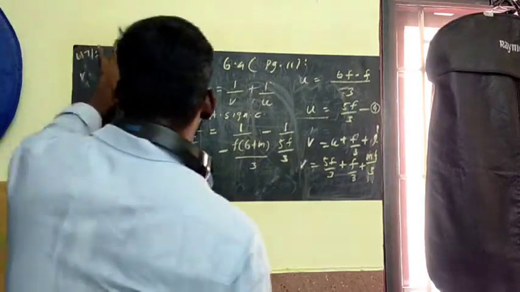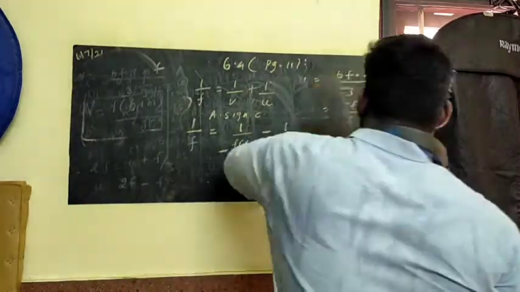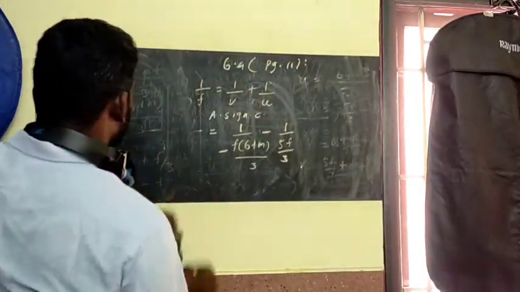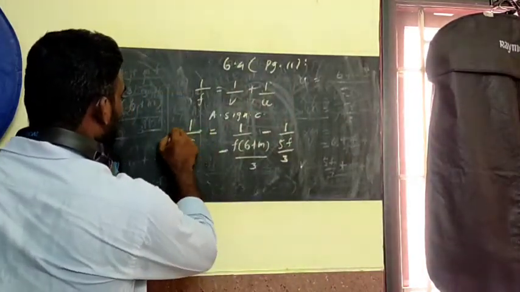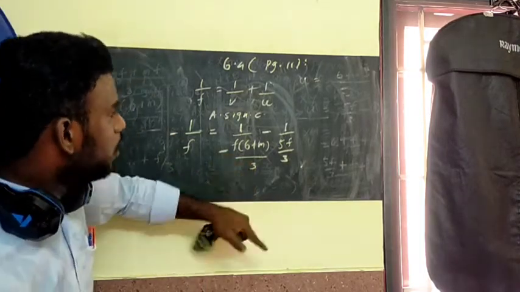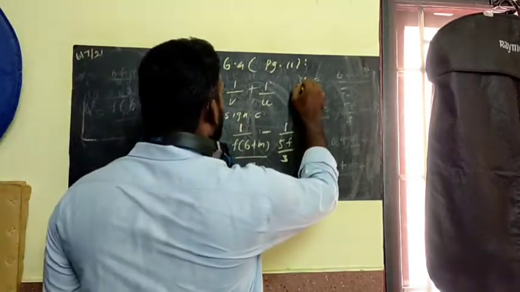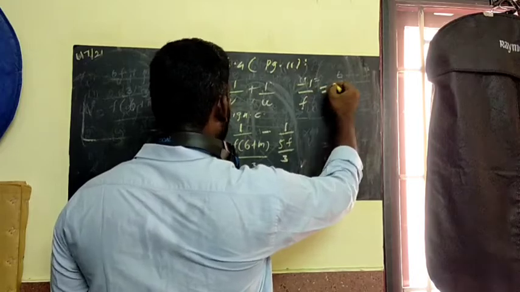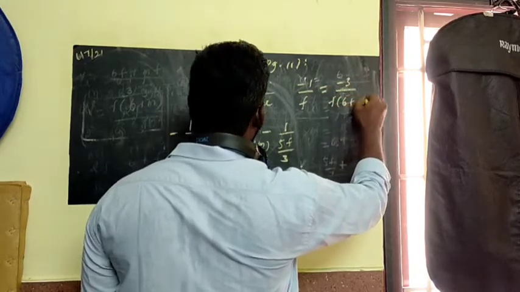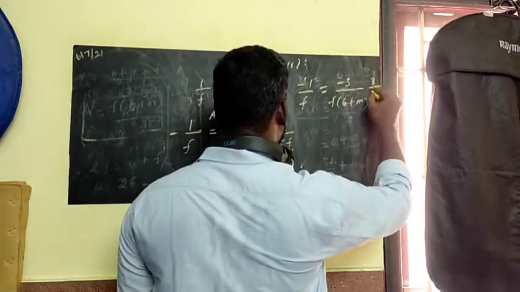Now I can rub out the rest. Here 1 by f will be minus. This 3 will go up, since it is in the denominator. Then minus 1 by f equals minus 3 by f into (6 plus m), and this 3 also goes up, so it is minus 3 divided by 5f.